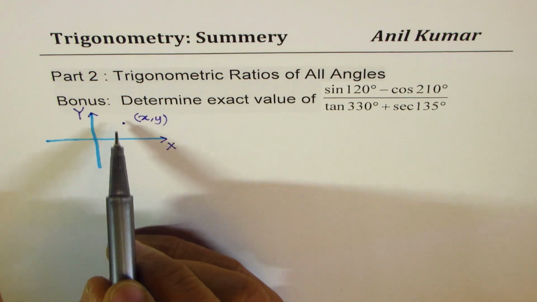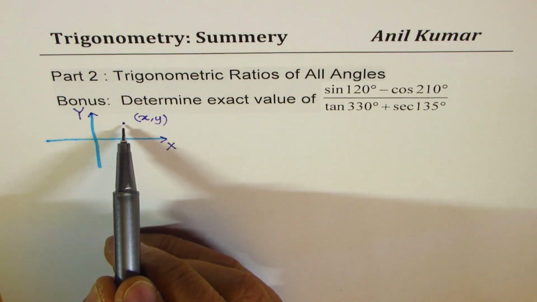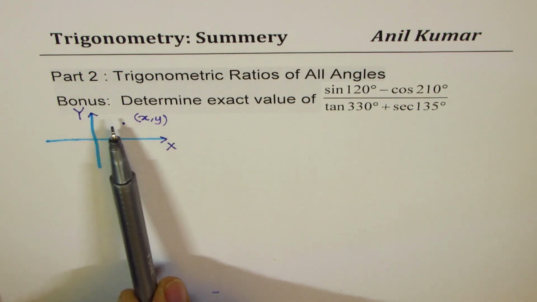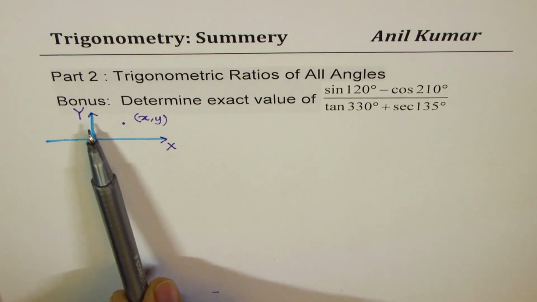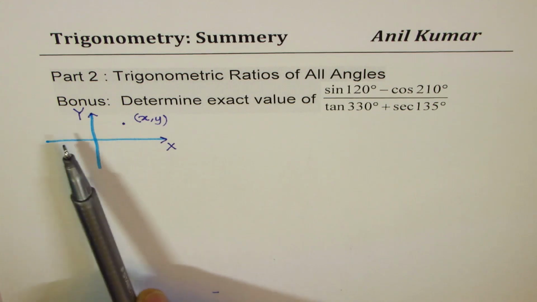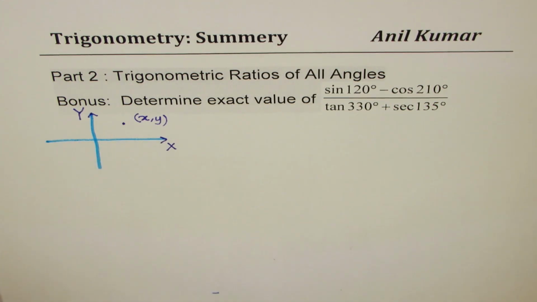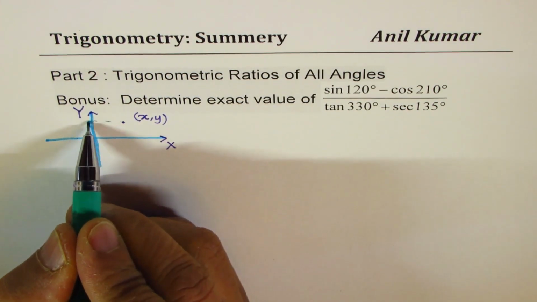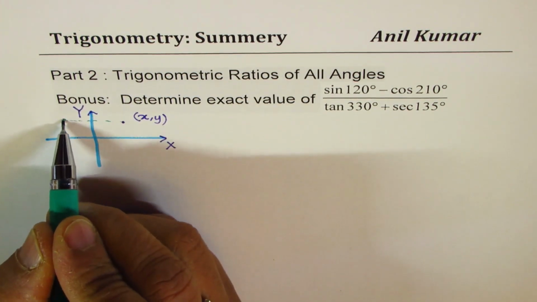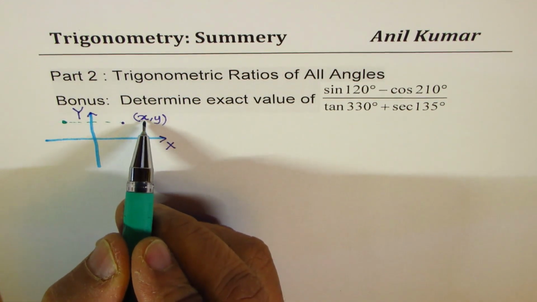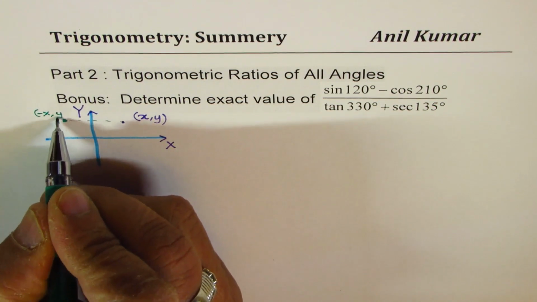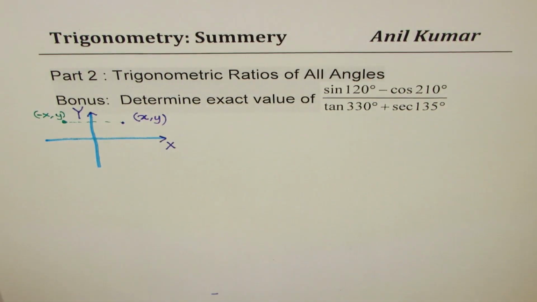The idea is that if I transform or reflect this point about the x-axis and about the y-axis, what happens? If I reflect this point about the y-axis, I get a point here where the x coordinate becomes negative, so it becomes minus x, but y remains the same, correct?